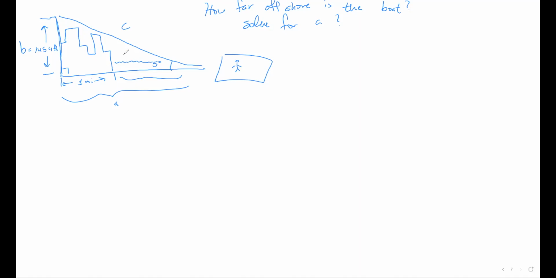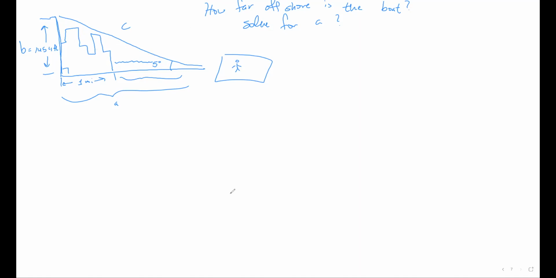One thing I'm thinking is how we went about those last problems: perhaps we could use law of sines. Since this is a right triangle, maybe we could solve for A using law of sines, and then compute that a different way. So that's one way of going about it. Perhaps an easier way is just to solve for a directly.